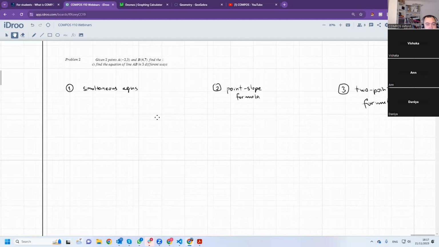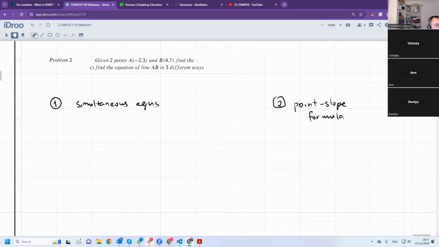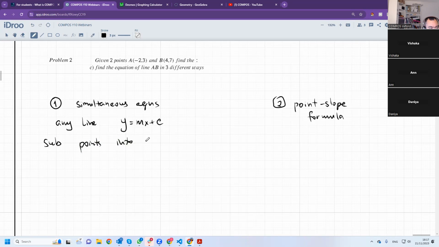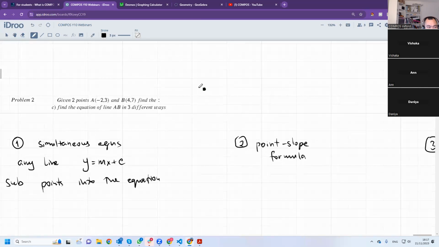Okay. So simultaneous equations. We know that any line, apart from vertical lines, is y equals mx plus c. That means we can substitute the points into the equation. We're talking about line through point A and point B. We need to find the equation of that line.